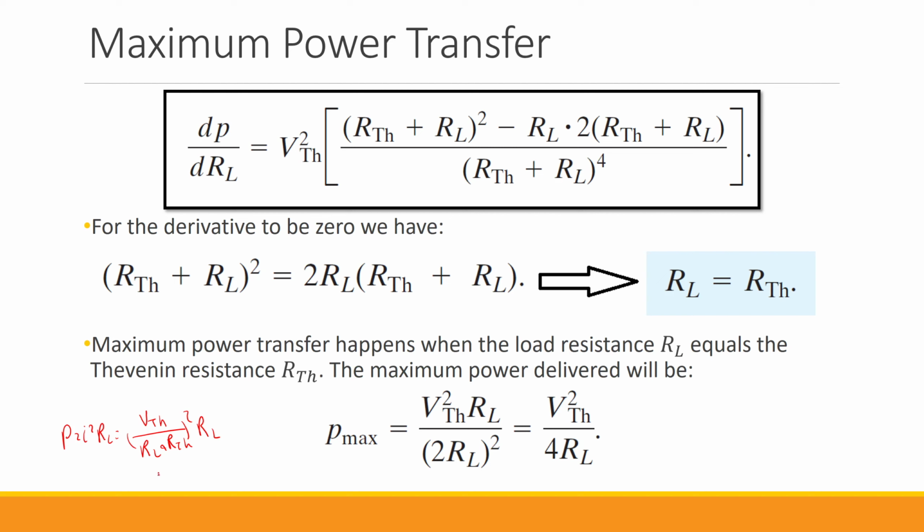So now if we combine this with the equation that we found here, RL equals RTH, the maximum power delivered is VTH squared multiplied by RL divided by 2RL squared, or after simplification, VTH squared over 4RL. So that is the maximum power that can be delivered from the resistive circuit to the load resistance.